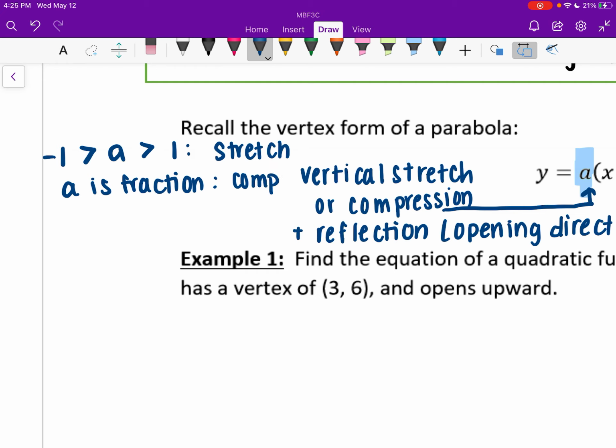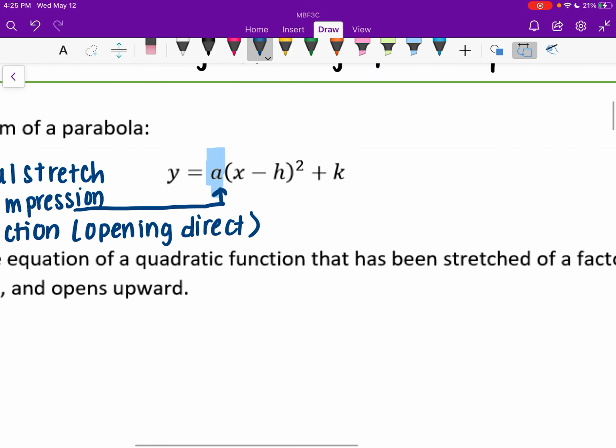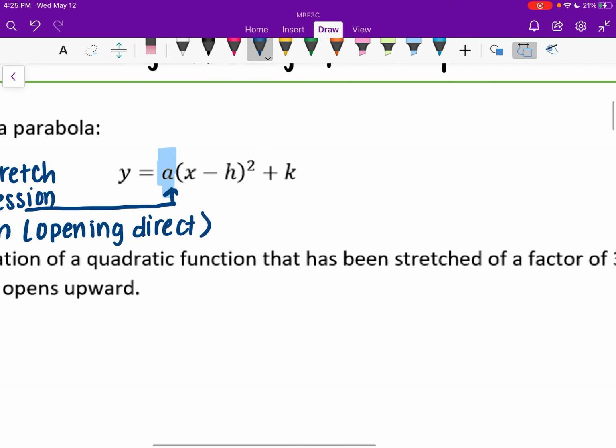And then if a is positive, it'll open up, and if a is negative, it'll open down. These are kind of just our rules. So that's for a.